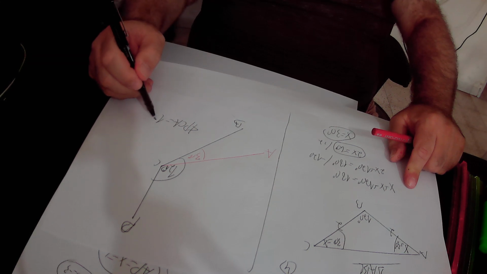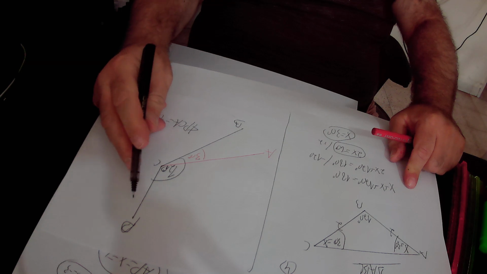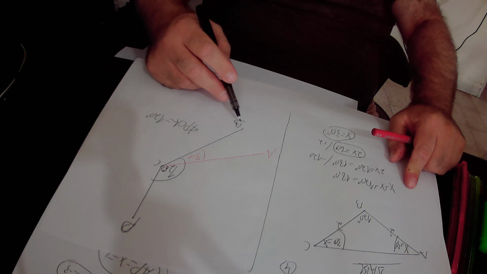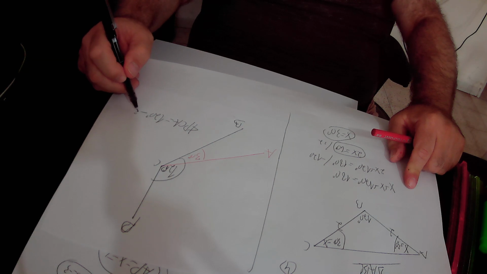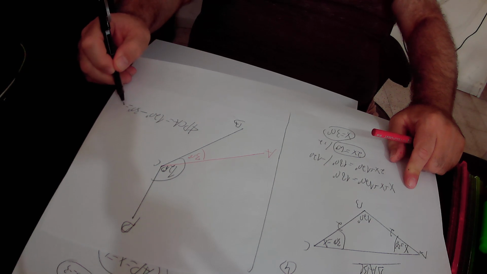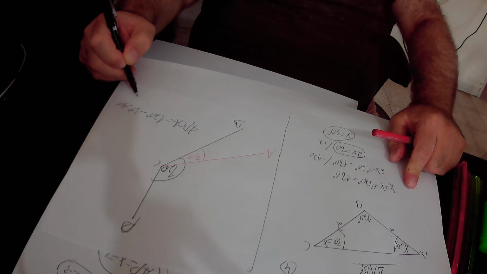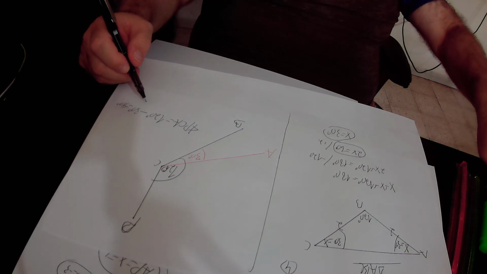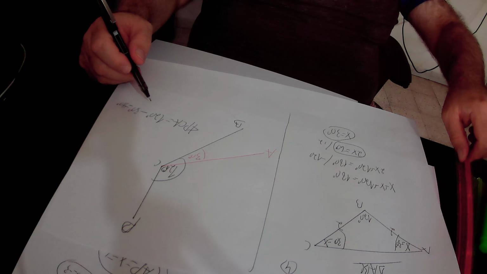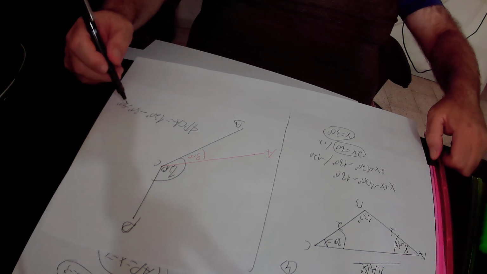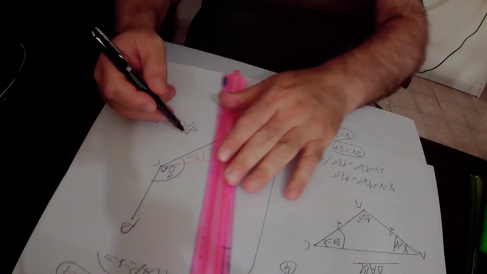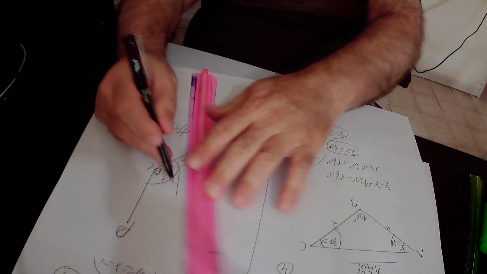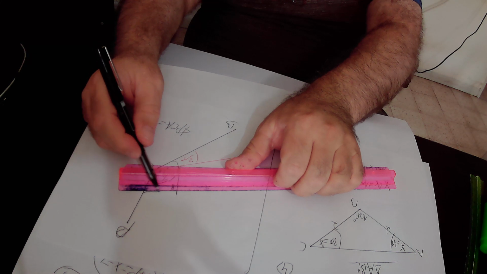The big angle is 120 degrees, that is angle PCB, minus the small angle, that is angle ACB, it is 30. So it is 120 degrees minus 30 degrees, that is 90 degrees. So I actually found out that the missing angle PCA equals 90 degrees. So actually this is a right angle.